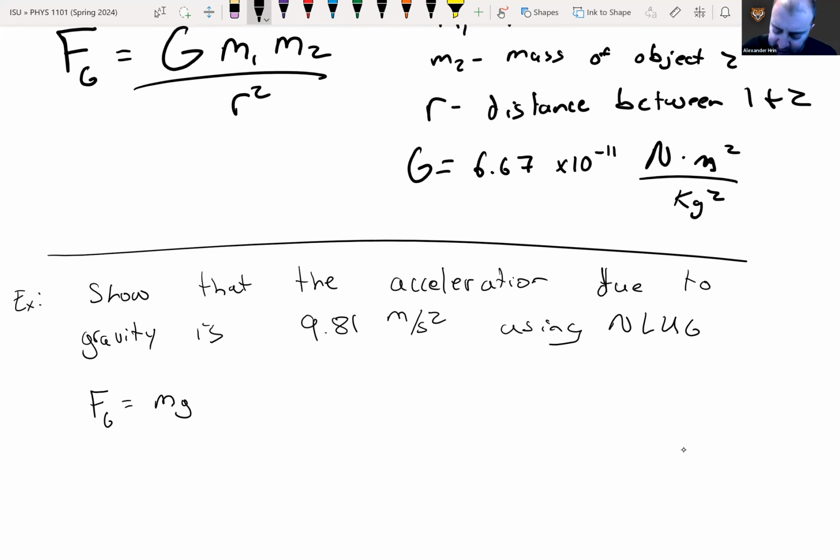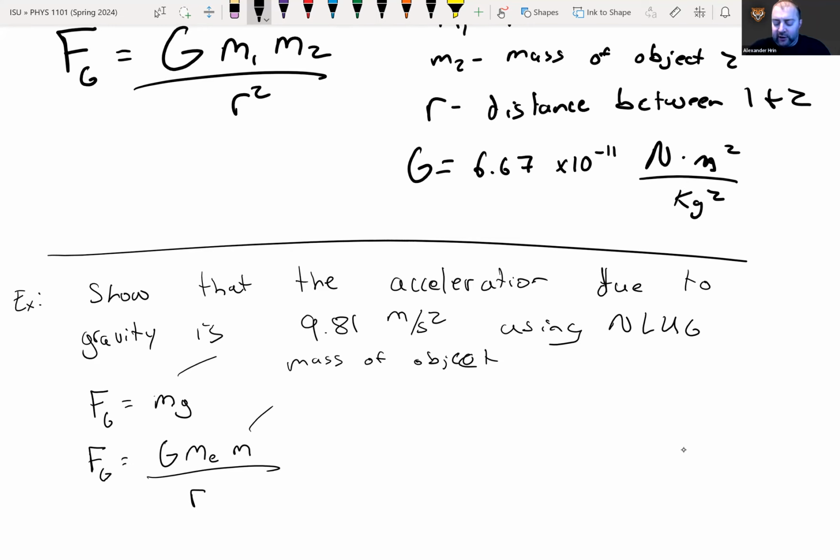And so what we get here is that the force of gravity should be G, and then the mass of the Earth times the mass of the object, divided by R squared. Now, what is the R we want to use? Well, it turns out it's the radius of the Earth.